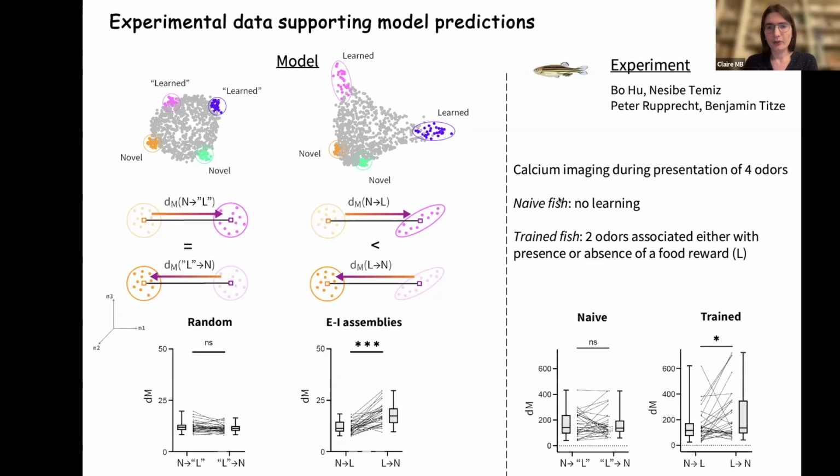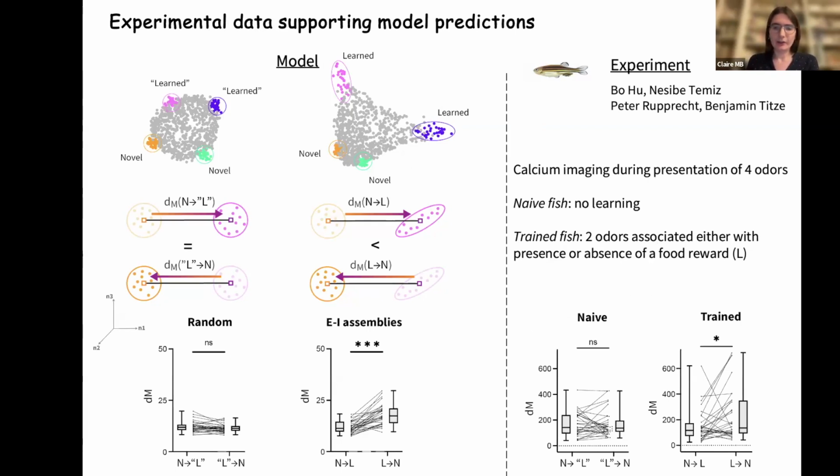One group was naive fish, where there was no learning, and one group was trained fish, in which two odors were associated either with the presence or absence of a food reward. So in our case, this would correspond to our learned odors, if we make the assumption that during this learning there was a change in connectivity and formation of EI assemblies.